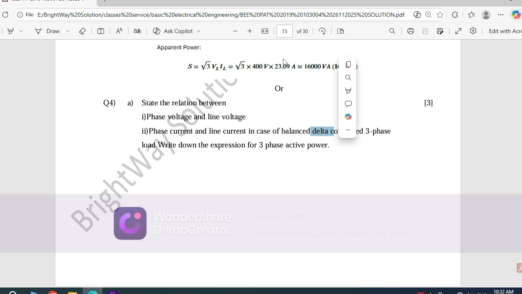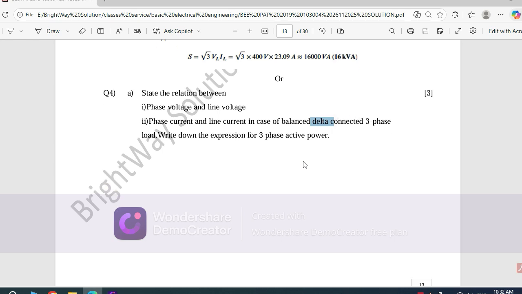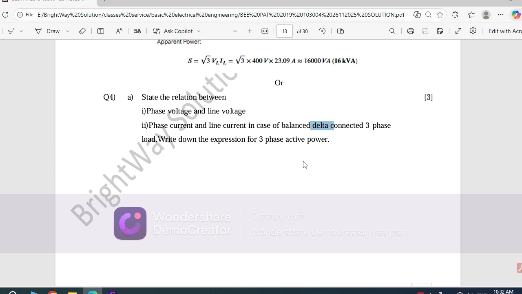The third question is allocated only for star, and the fourth question is allocated for delta. There is no special concept in either; they are optional to each other.